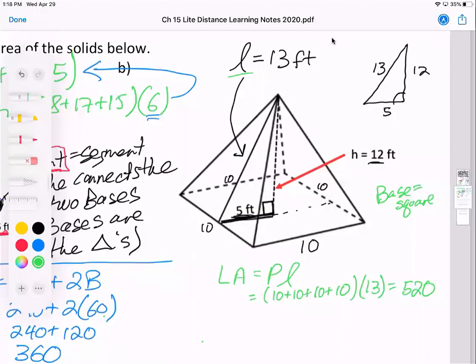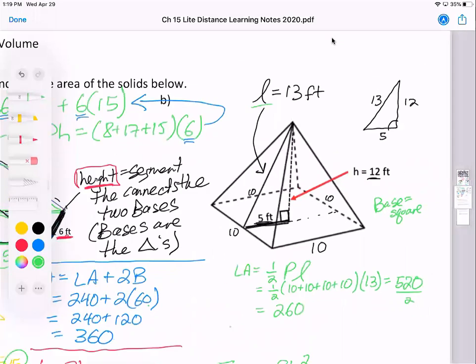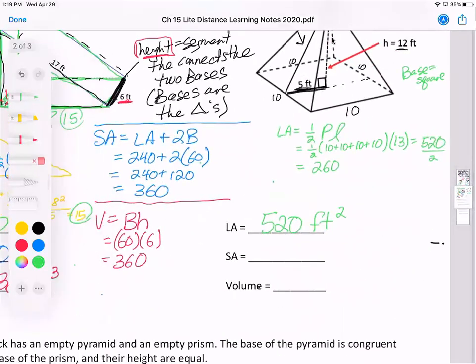Oh, I'm sorry. I forgot another aspect of lateral area. My apologies. The formula is 1/2 perimeter times the slant height. So that should be 260. So let's change that, square feet.